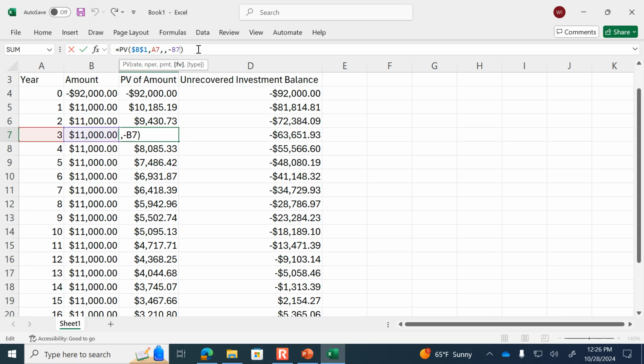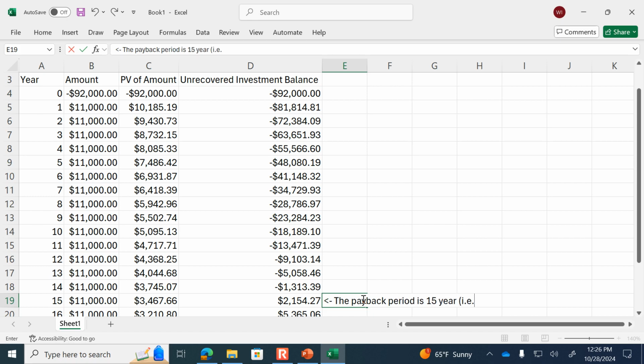So we have to discount the future revenues. And what this shows us is what we had already found out from the hand calculations. It transitions from a negative unrecovered investment balance to being positive after 15 years. And so the payback period is 15 years to be in the profitable range.